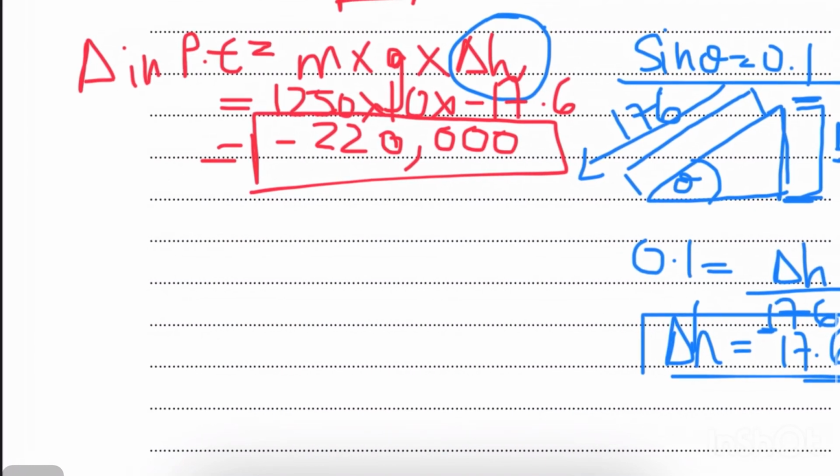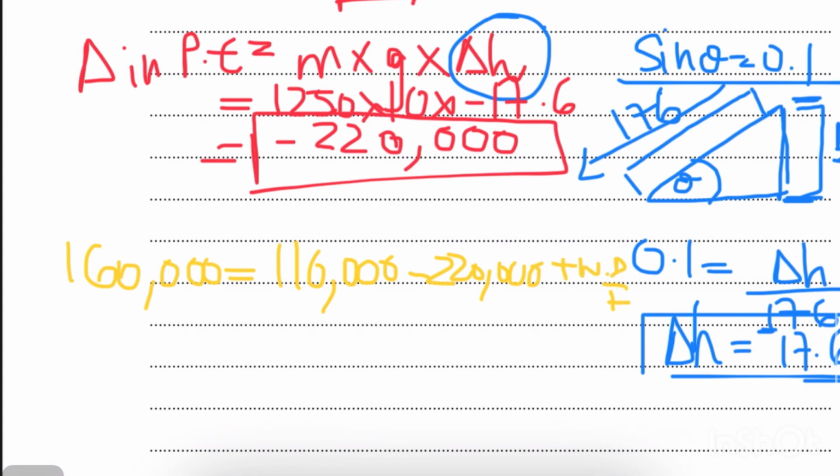So the final step. That means 160,000, which is the total work done, is equal to 110,000 minus 220,000 plus the work done against friction.